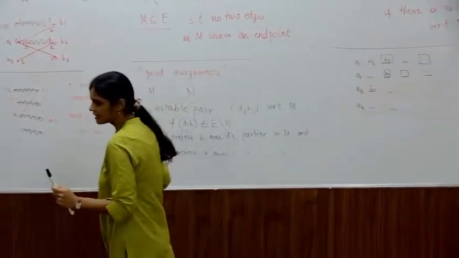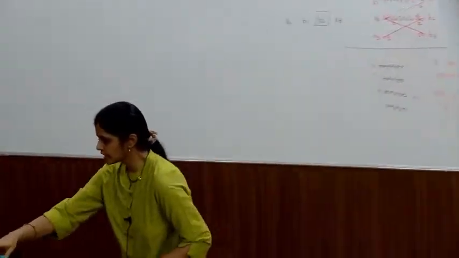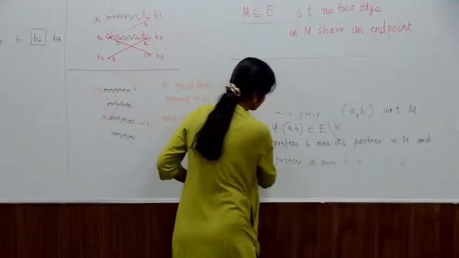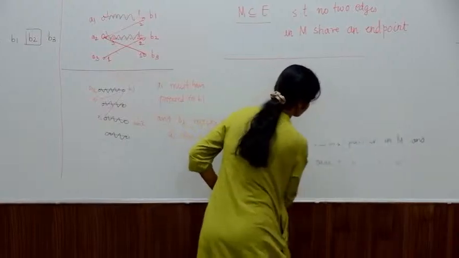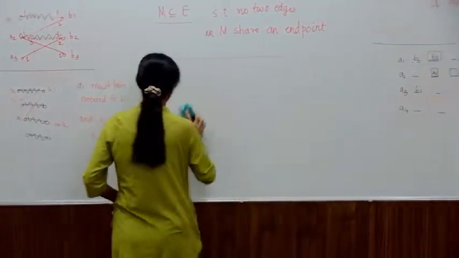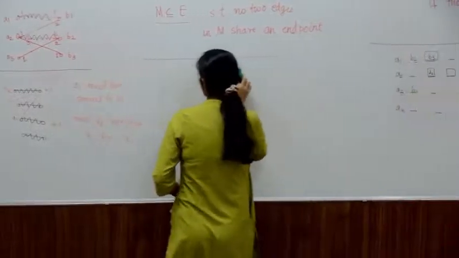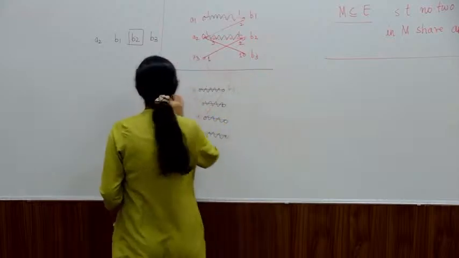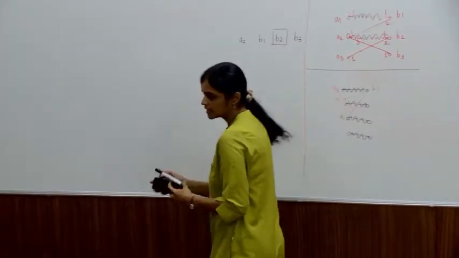So I'll erase the definition of a blocking pair. All of us understand it by now. We just need a few things from the algorithm to be recalled.